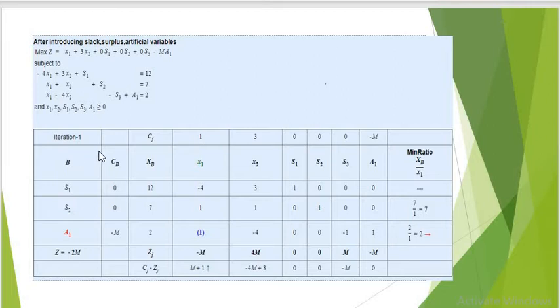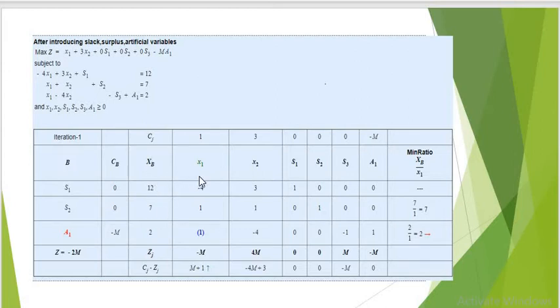Now we can form the initial simplex table or the first iteration table. Here the basic variables are s1, s2, a1, and the coefficients of the basic variables in the objective function are 0, 0, minus m. Then we write the values on the right side of the equation in the column of xb, that is 12, 7, 2.